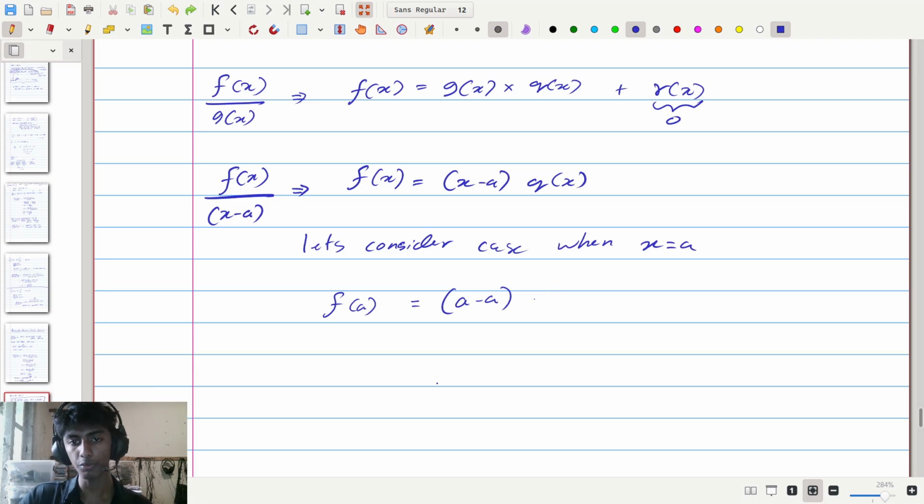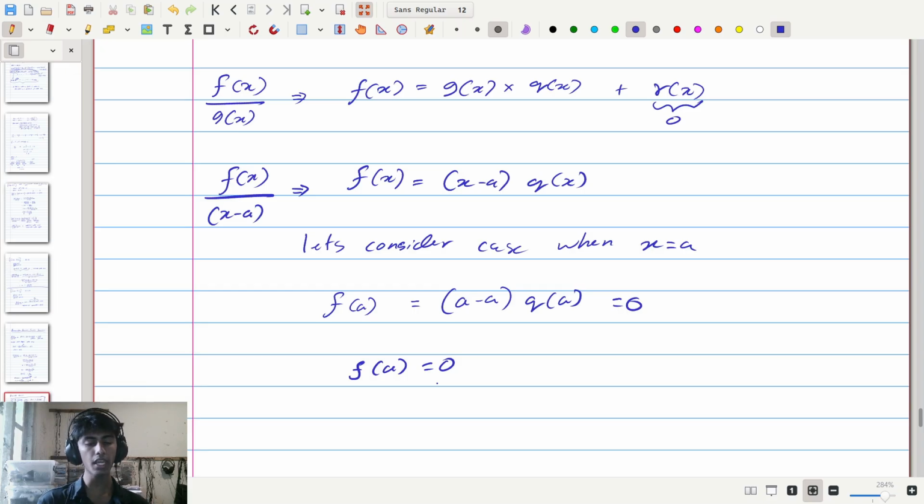Sorry, not g(a), q(a). So in this case, a minus a is 0, which means this whole thing is 0. So on the right side we have 0. What this means is that f(a) is equal to 0. So, if we ever have f(a) being equal to 0, we can say that x minus a is a factor of f(x).